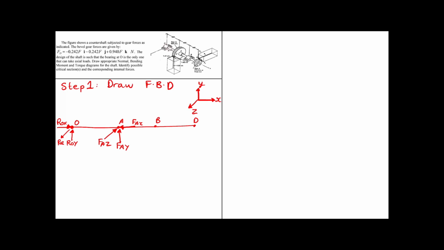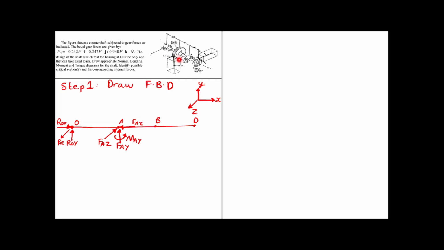So we will have a moment about y-axis and we can mention this as moment MAY due to the force FAX.